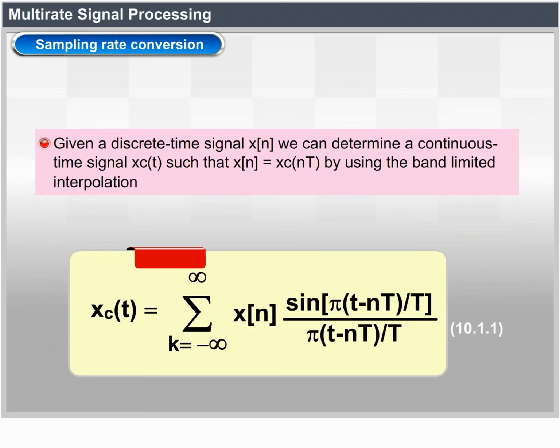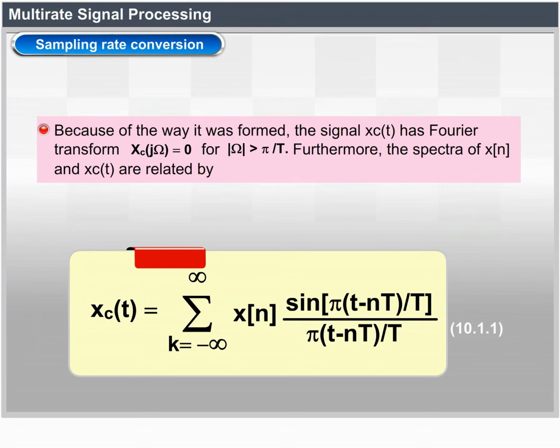Because of the way it was formed, the signal xc(t) has Fourier transform Xc(jΩ) equal to 0 for modulus of Ω greater than pi/T.